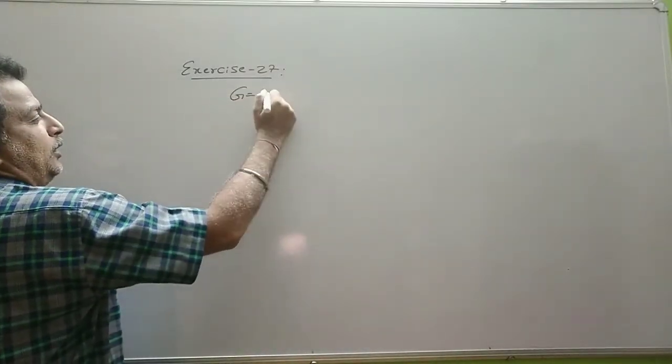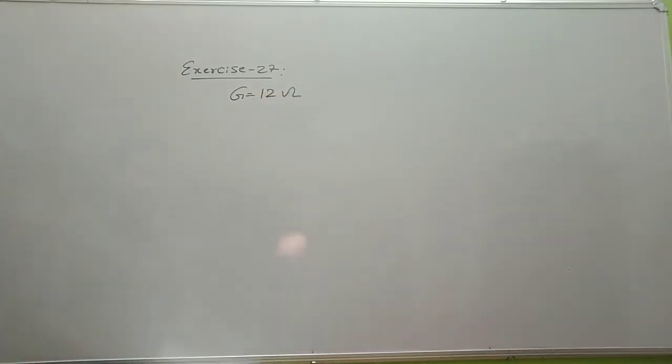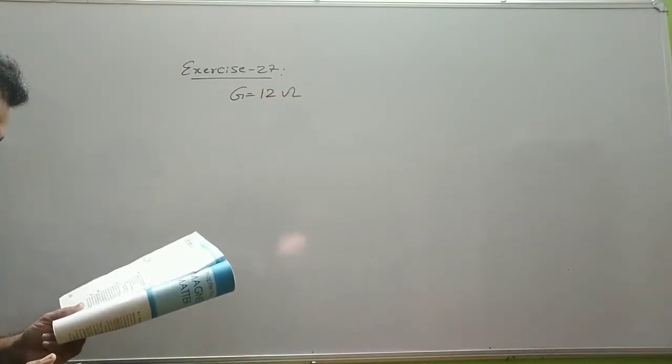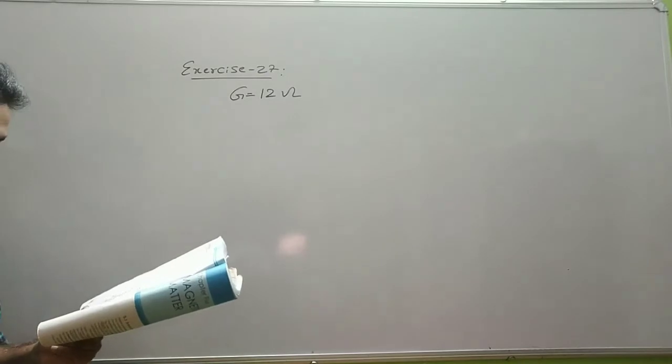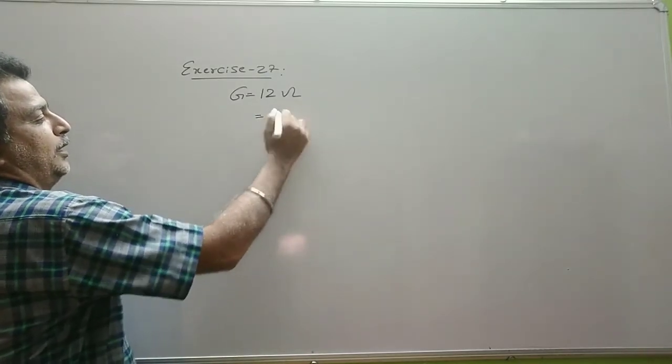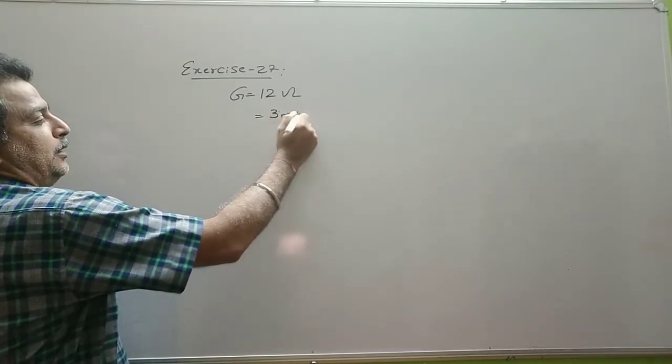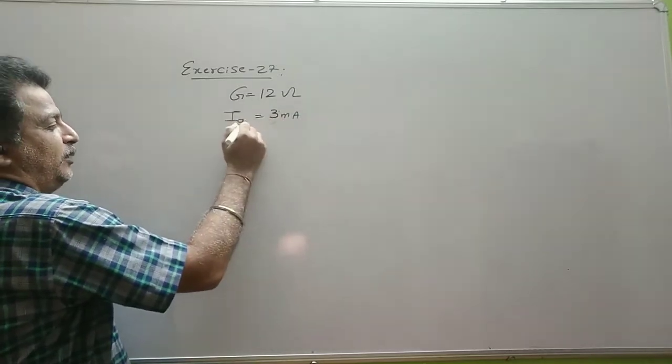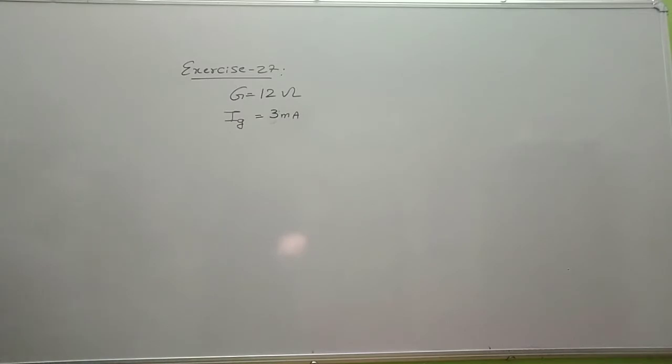So let us denote the resistance of the galvanometer by G, that is 12 ohms. And the meter shows a full deflection for a current of 3 milliampere. It means when 3 milliampere current is passed, the galvanometer shows full deflection. It is its current capacity. Passing current more than this value will damage the galvanometer.